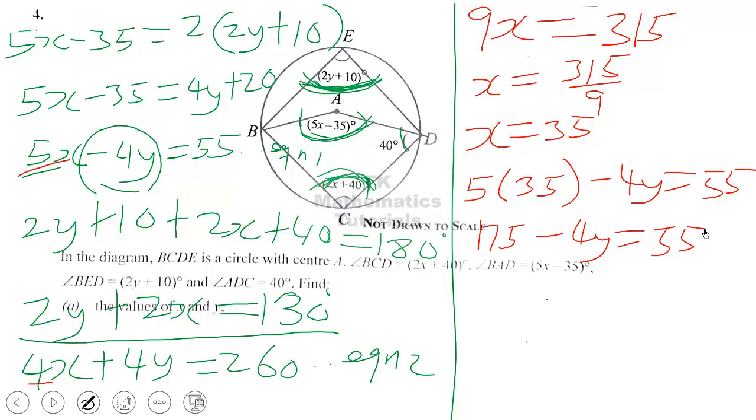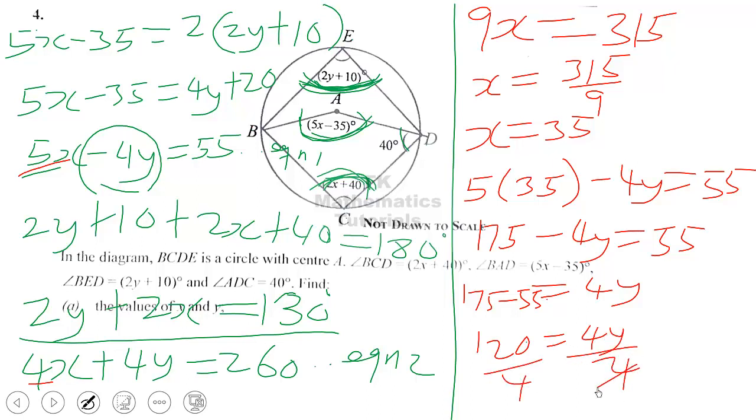So I'm sending the 4y to the other side, so that it becomes positive, and I'll bring the 55 here. So that will give me 120. Now if I divide both sides by 4, I'll get y to be equal to 30. So y is 30 and x is 35.